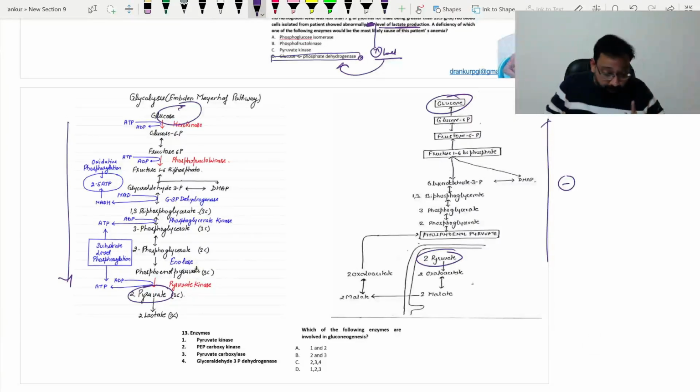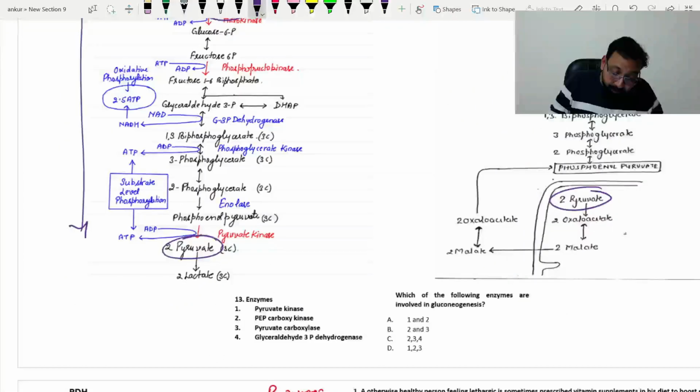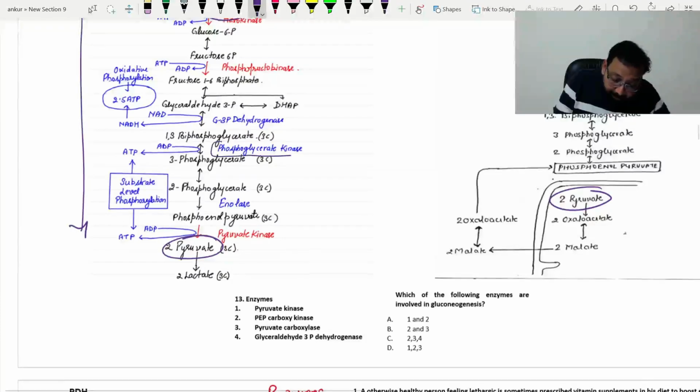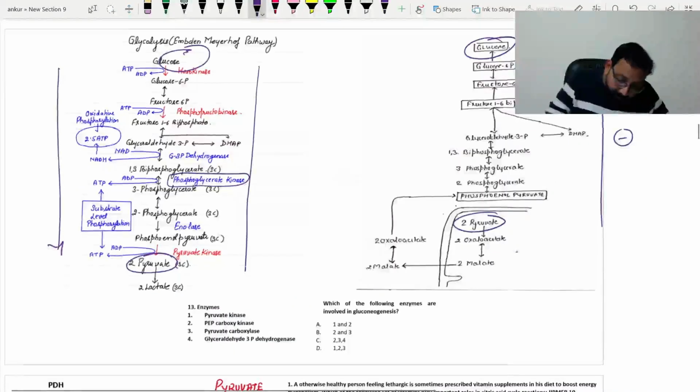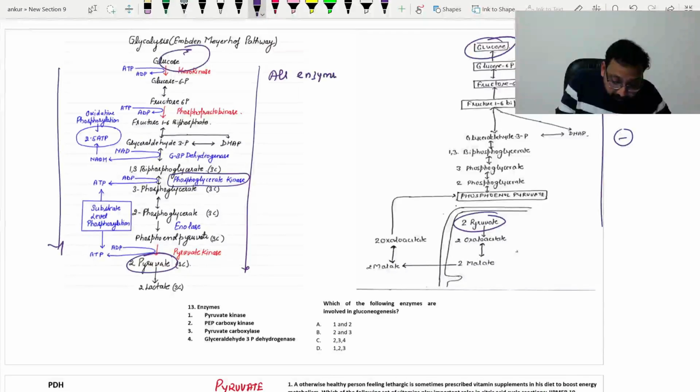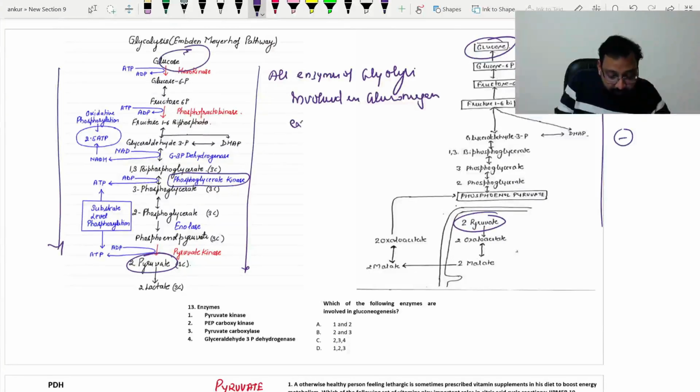Now, remember this point. A question was asked in NEET pattern 19: the enzymes common to glycolysis and gluconeogenesis. All enzymes of glycolysis are involved in gluconeogenesis, except hexokinase, phosphofructokinase, and pyruvate kinase.